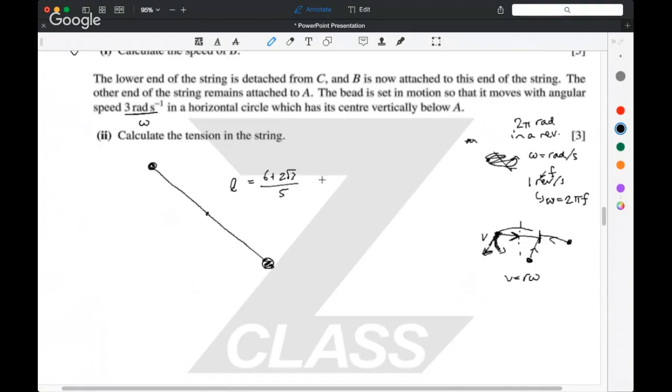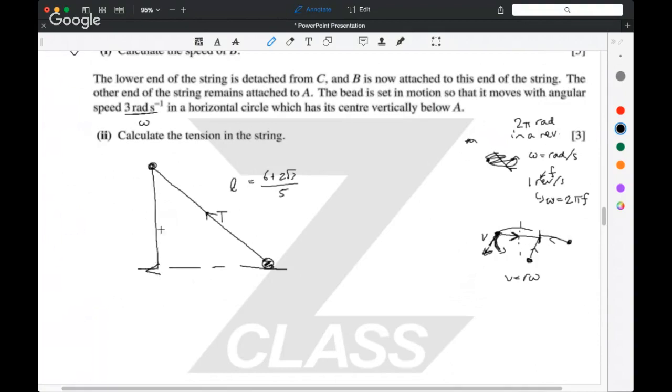So we're given omega, and we're asked to calculate the tension now. Let's just look at the component in the horizontal direction. We've got some tension T, and that's got some component here.